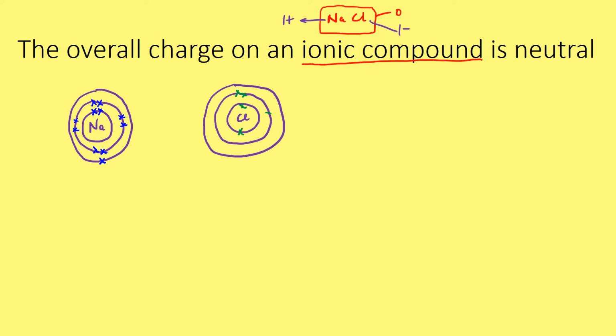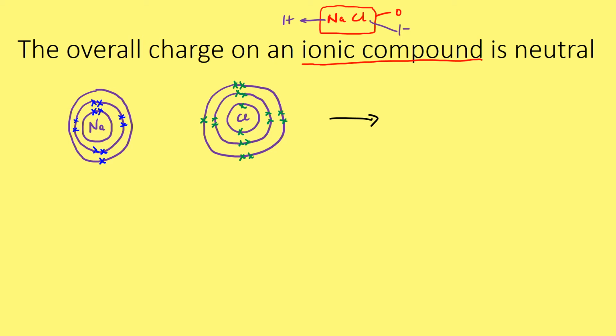And the first 2 shells, of course, are all full. But in chlorine's case, it's got 7 electrons in its outer shell, just like that.